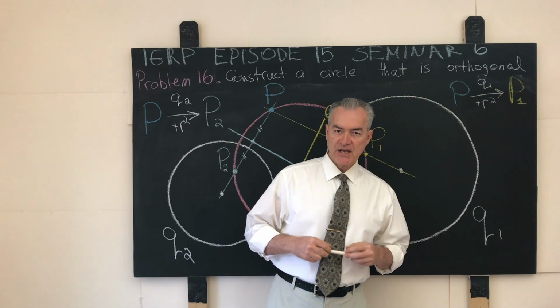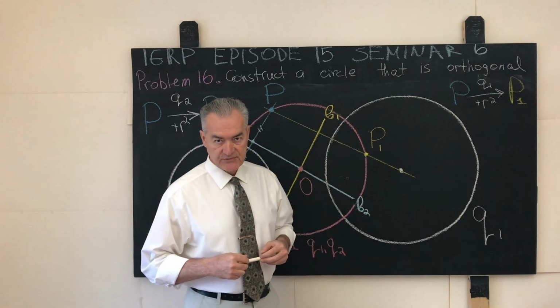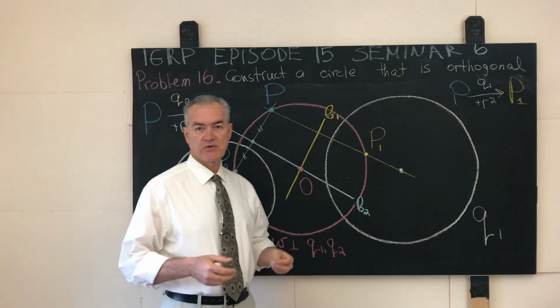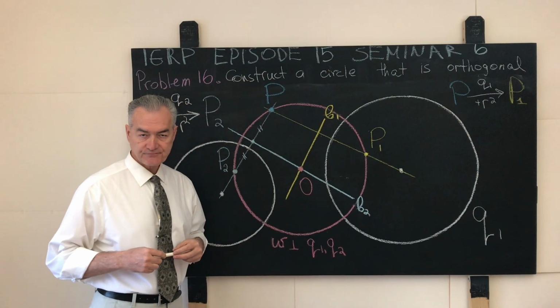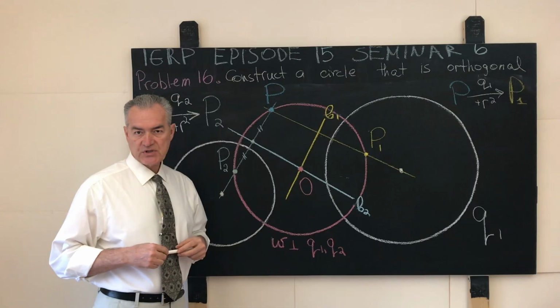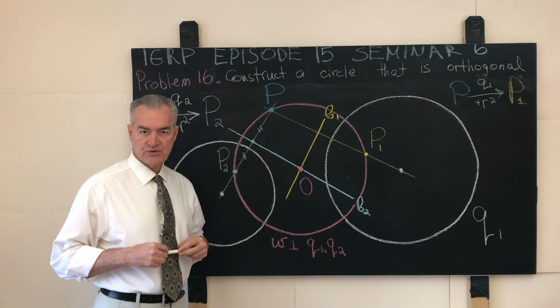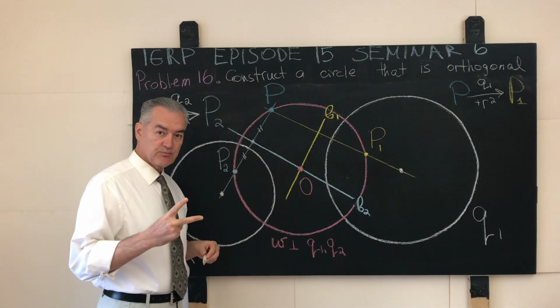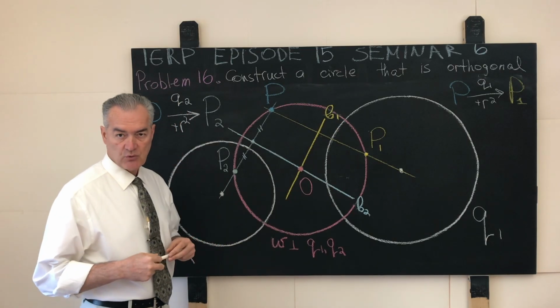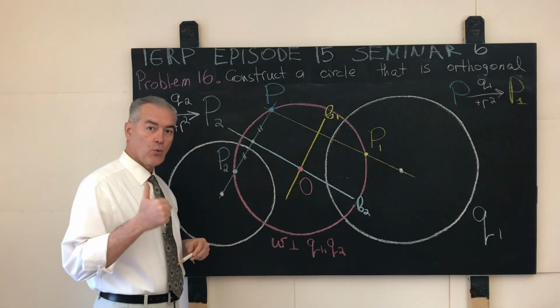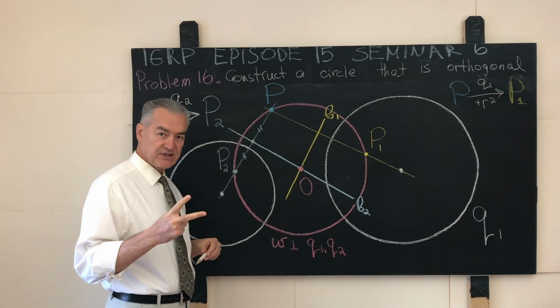In this case, the solution of this problem is very similar to the solution of the problem that we solved in the previous seminar, problem number 15, with the minor exception that in the previous problem we reflected two distinct points in one and the same circle, but over here evidently we will be reflecting 1 point in two distinct circles.